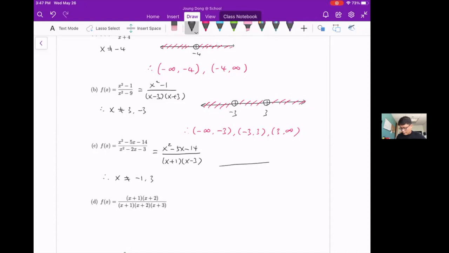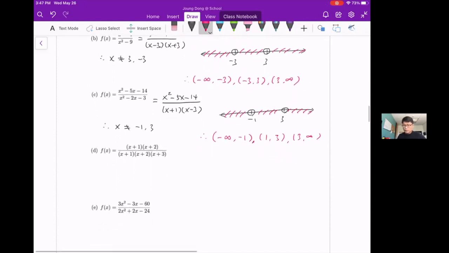So on a number line for the interval notation, -1 and 3, these 2 points are not in your domain. So we have three sections for this problem as well. So the interval notation is what? -infinity to -1, -1 to 3, and 3 to infinity. Is that okay?